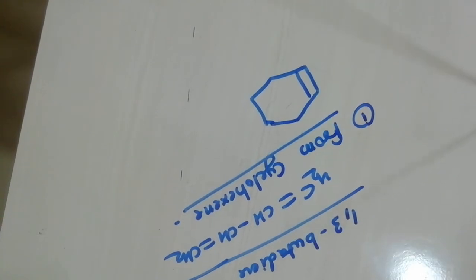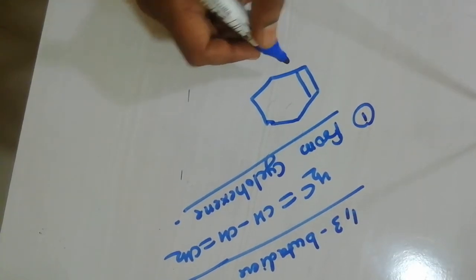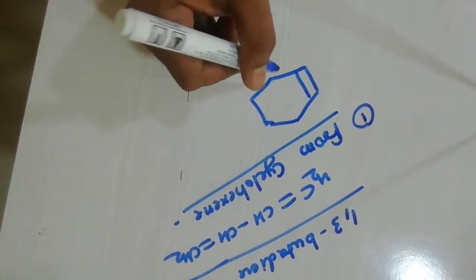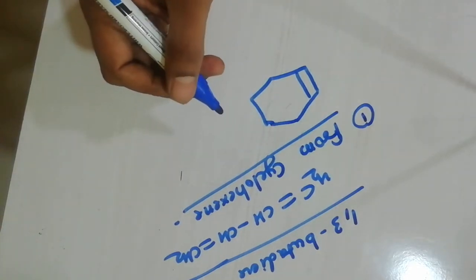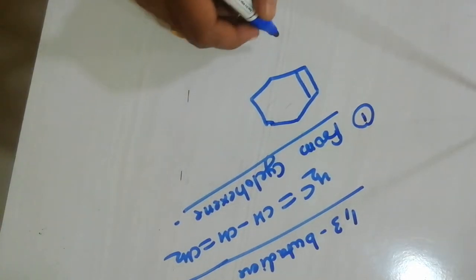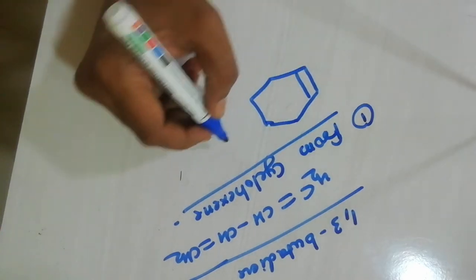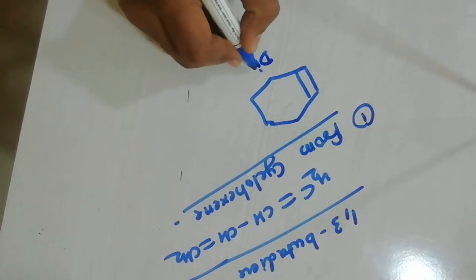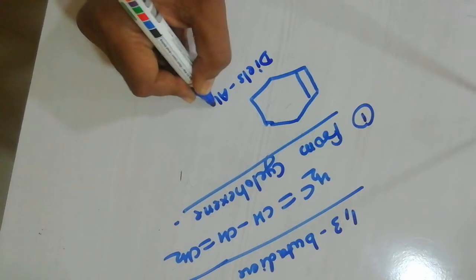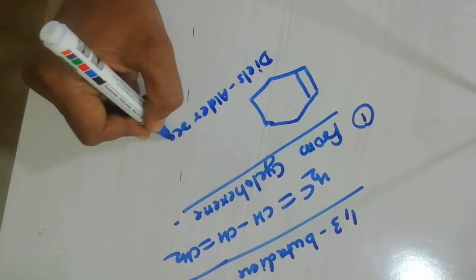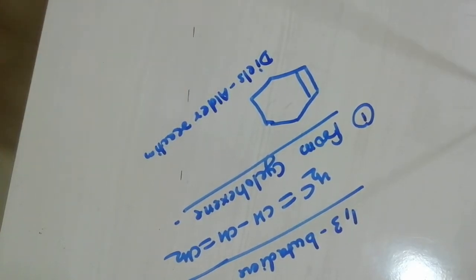Now, what happens? Cyclohexene is essentially a compound which is prepared by one of the famous reactions, the Diels-Alder reaction. So, before going for its preparation, you should know what the Diels-Alder reaction is.